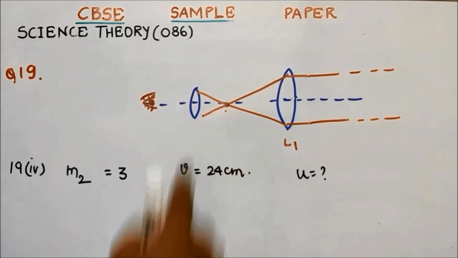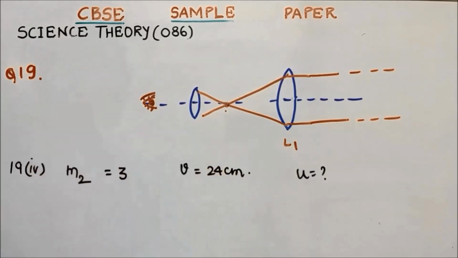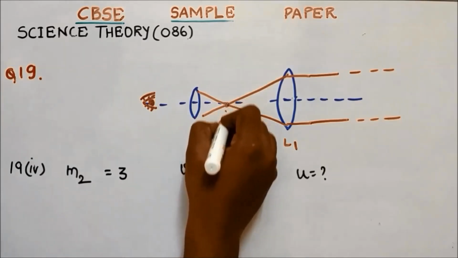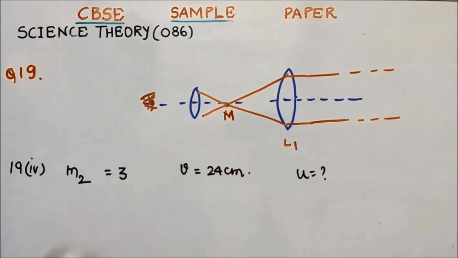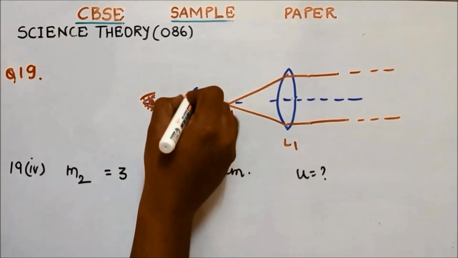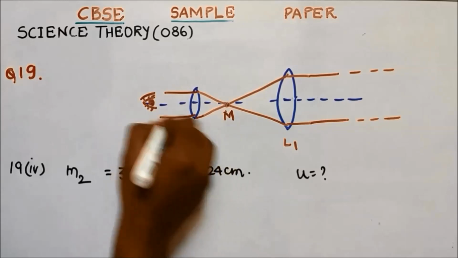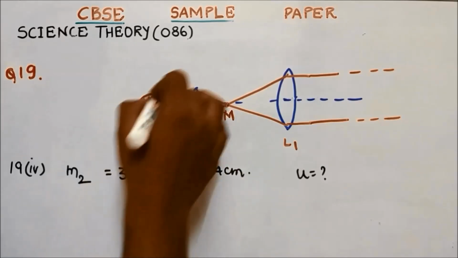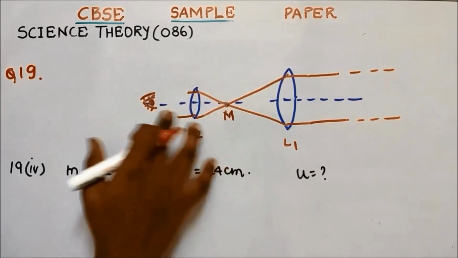And this image is nothing but the object for lens L2. So this point, let me write it as M. This point is the image formed by L1, but the object for L2. Then the rays again undergo refraction at L2.